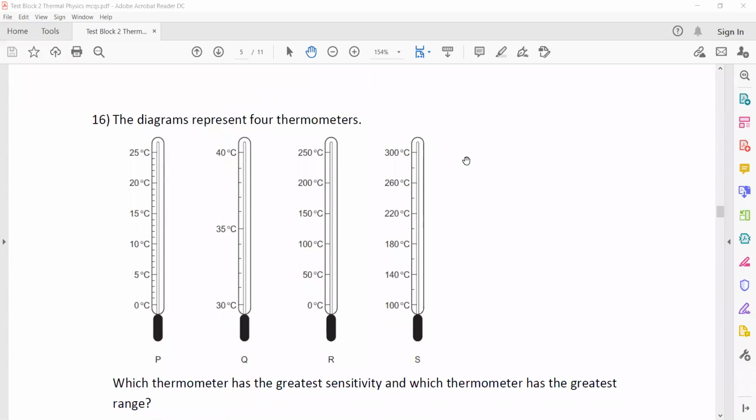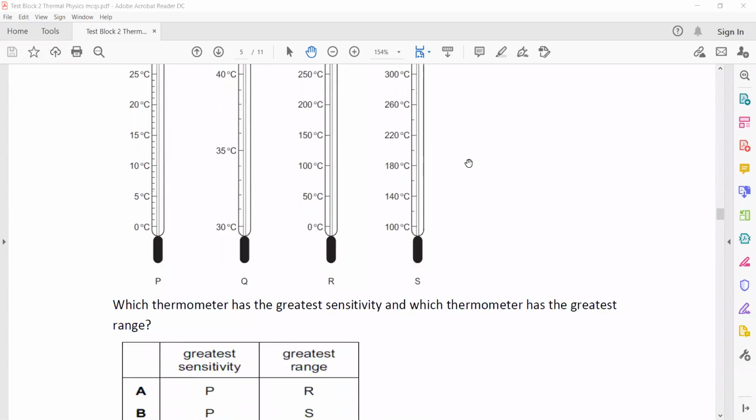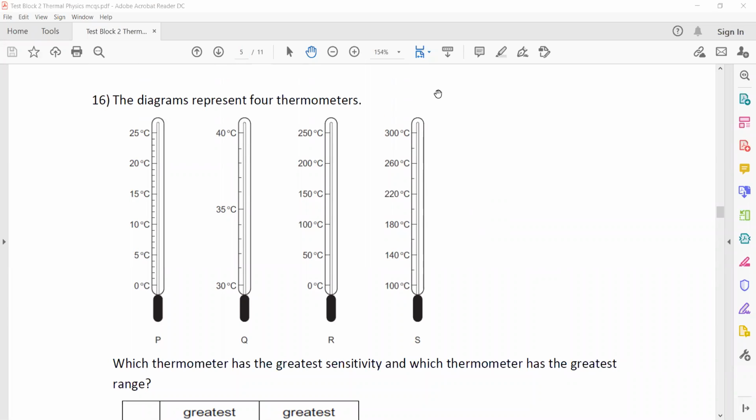The diagram represents 4 thermometers. Which thermometer has the greatest sensitivity? Sensitivity means the maximum distance between the 1 degree mark on a thermometer. That refers to sensitivity. So if you check, this is a 1 degree mark. For thermometer Q, this is a 1 degree mark.